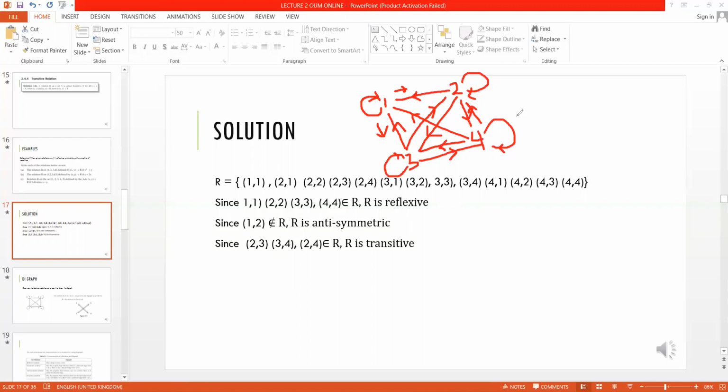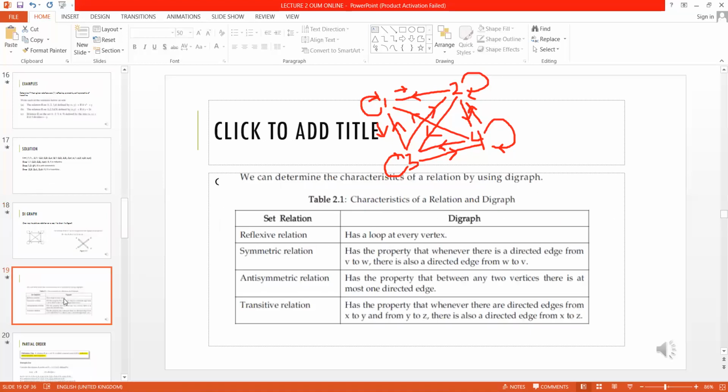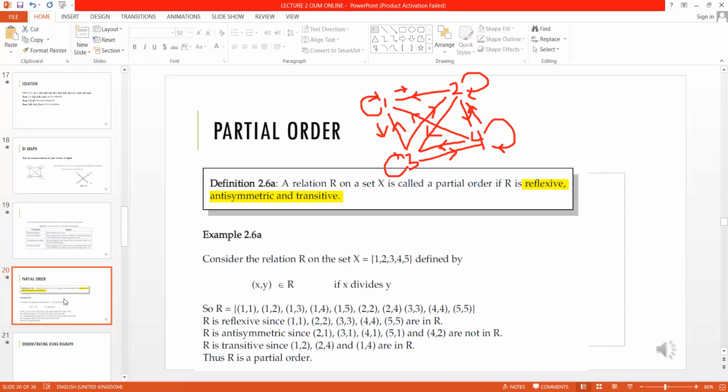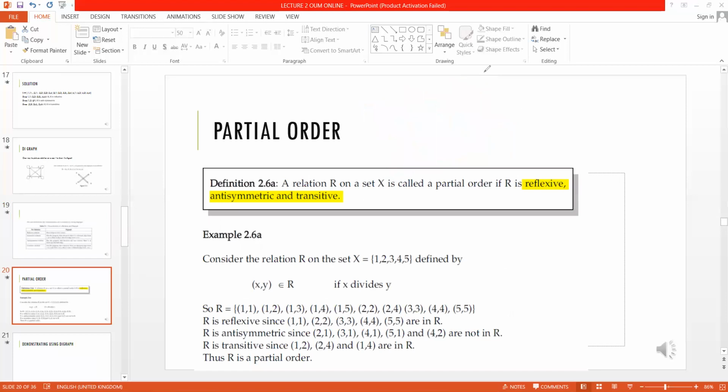Okay, so that is it for the concept of relations. We're left with the very final aspect of relation. Any relation that is reflexive, antisymmetric, and transitive at the same time is called a partial order, meaning there is partial ordering. Okay, good.